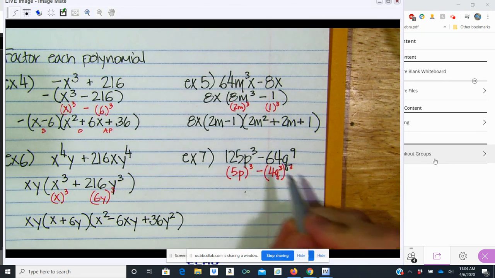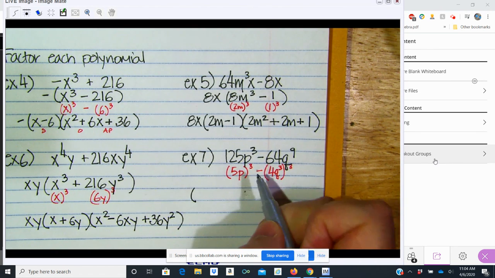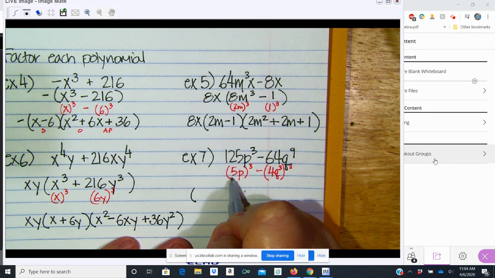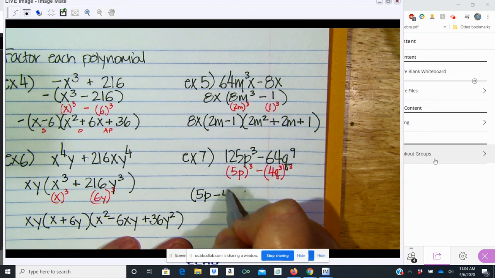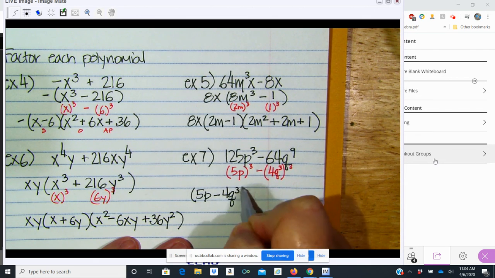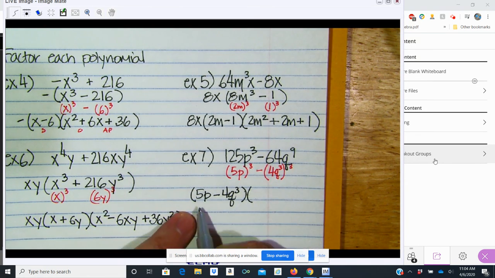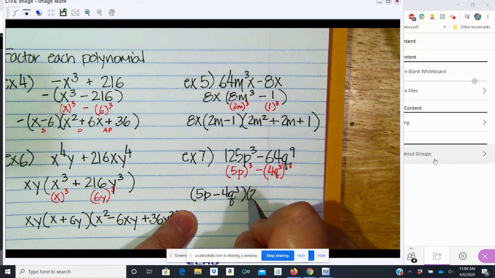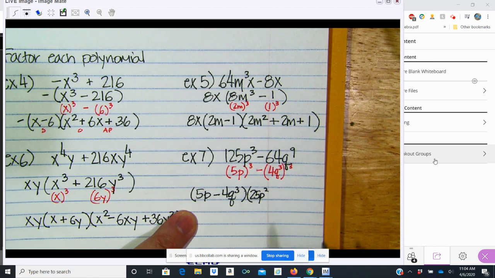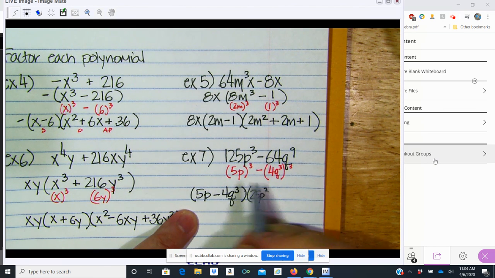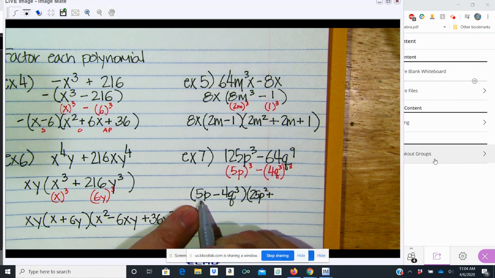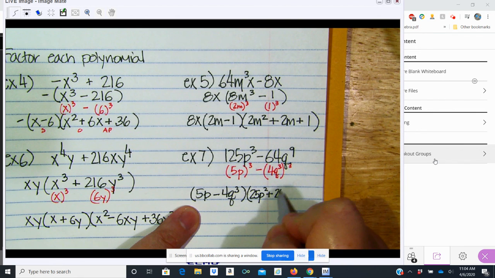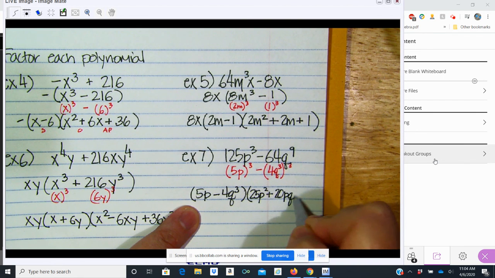Okay. Oh, goodness gracious. All right, the first one minus the last one. So 5p minus 4q to the third. Then we need to do the first one squared. So 5p times 5p, 25p squared. Opposite sign. Multiply together: 20p q to the third.